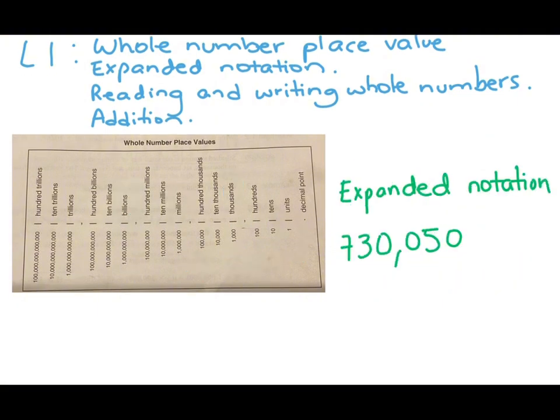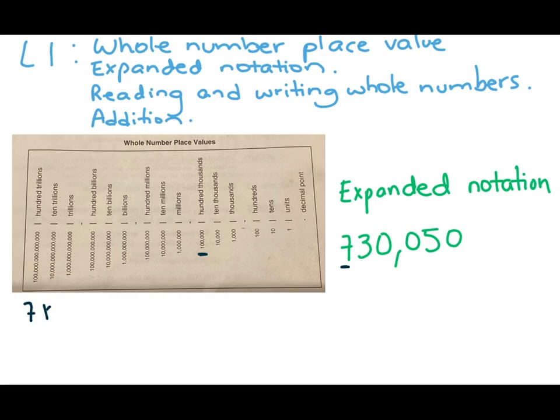Okay, now another thing we want to remember is how to do expanded notation. Expanded notation, as the name says, is when we expand this number, for example, 730,050, and we're going to write it, putting the value of each of the numbers. So let's start with 7. 7 is in the 100,000s right here.